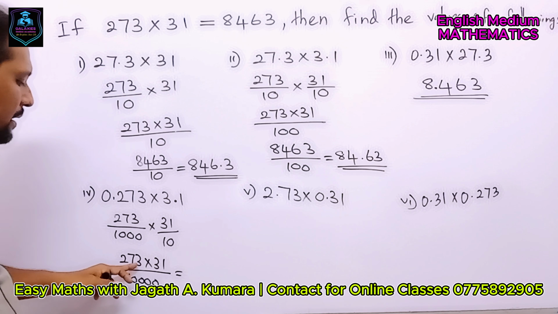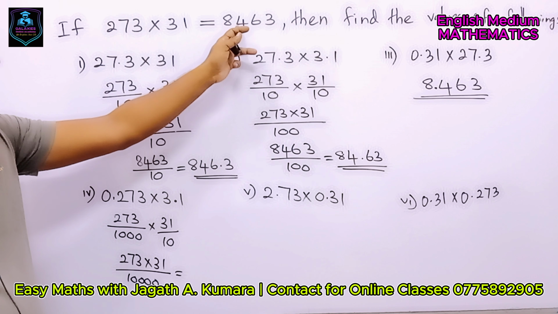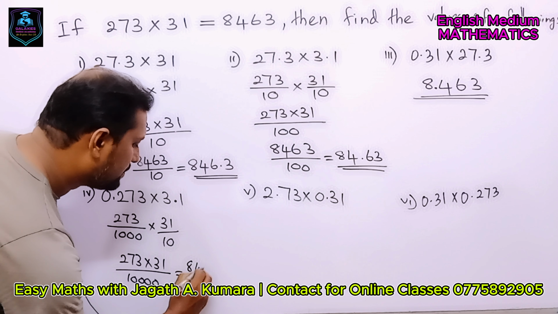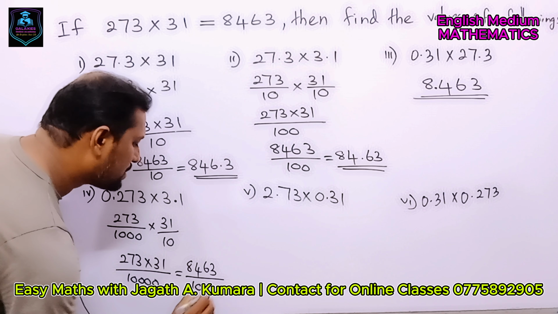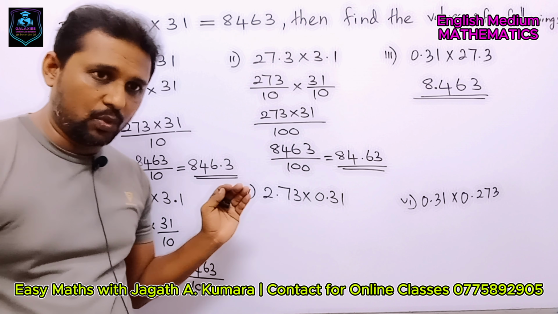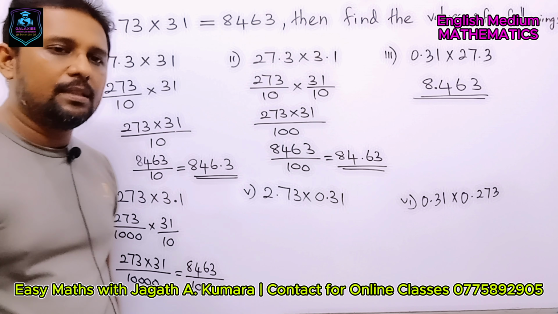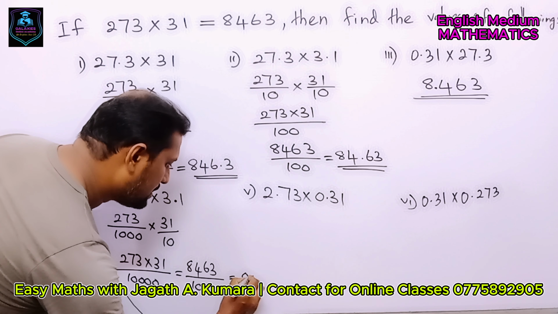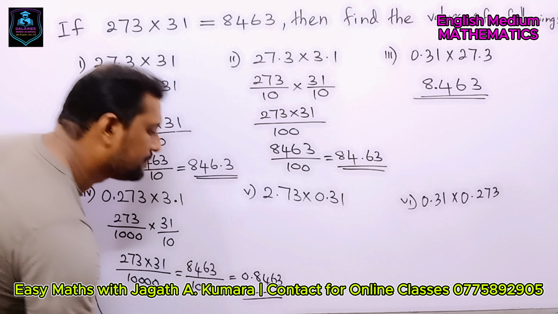Then 273 multiply 31, the question given, is 8,463 over 10,000. There are four zeros, that means you have to keep four decimal places. So what is the answer? 0.8463.